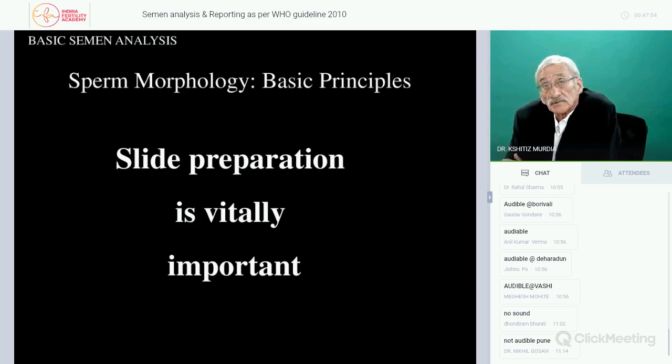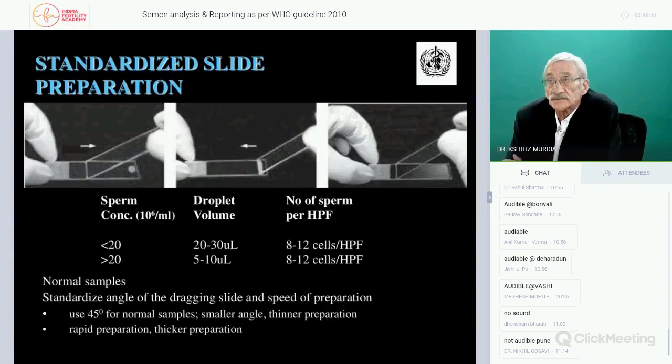So to do good morphology, your preparation of the slide is also important. You cannot just drop a bunch of semen on a glass slide and spread it with the cover slip or whatever method, like a blood smear. It's not the way you should do it. The best way is what the WHO advised us to do, the so-called feathering method.